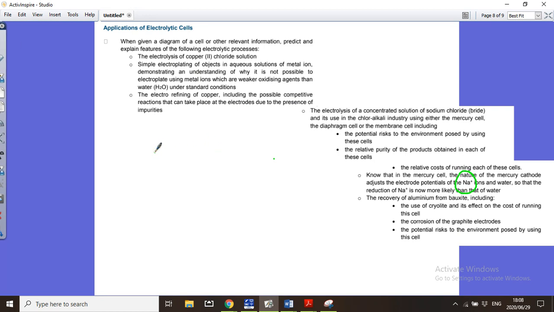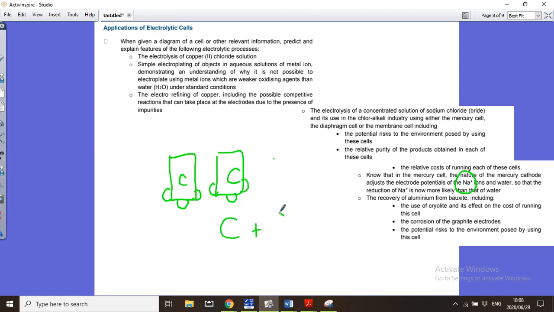And as I already mentioned, it's the aluminium Al3+ ion and the O2- ion. And you will also see that they use carbon electrodes. One thing you need to remember is that the oxygen that forms at the anode, because this happens at very high temperatures, will react with the carbon.